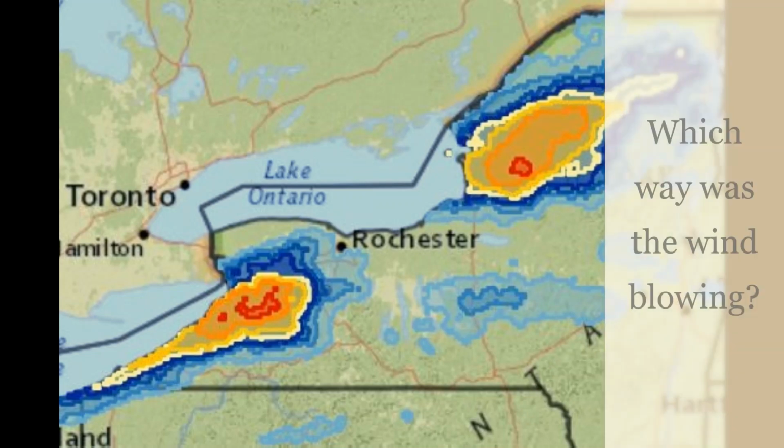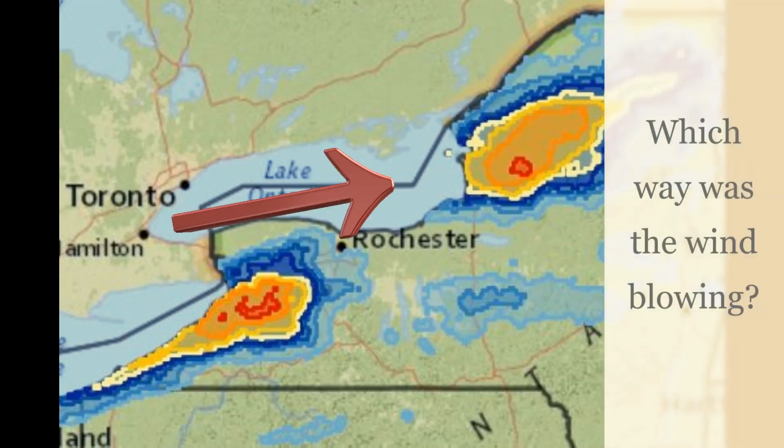So if you look at this one radar from one event, you can kind of pick out the direction that the wind was going. Now, for that event, you can see that there was a long carry of wind over that Lake Ontario. Lake Ontario, the prevailing winds usually go from west to east. It's a westerly wind, and it hit the Tug Hill Plateau.